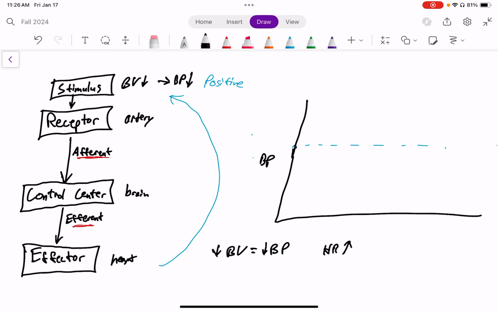And so eventually there's not enough blood to get to the heart, and the heart will stop pumping. There's no way that you could continue to increase the blood pressure. So instead of going in a nice kind of wave like this, the blood pressure has completely tanked.